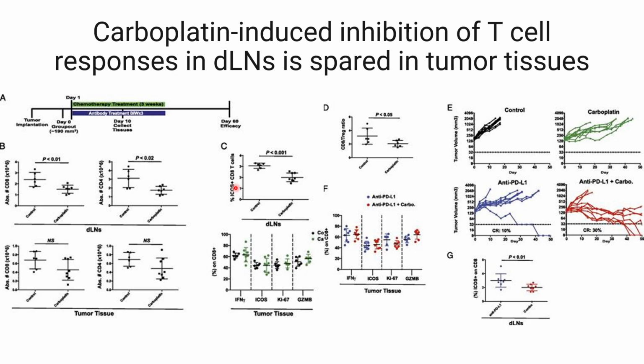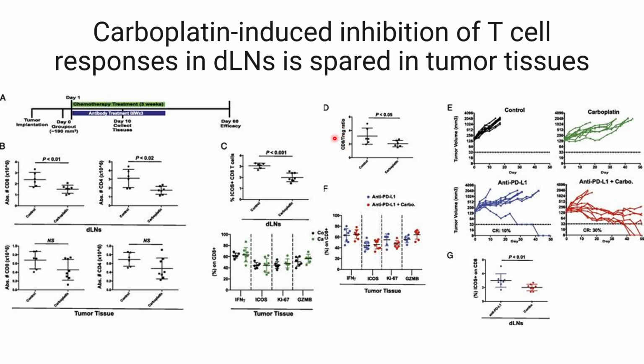And also at the draining lymph node they can see that the induced co-stimulated CD8 plus T cells are also decreased. And for the tumor cells, when they check these different signatures for the CD8 plus cells, they can see that they remain similar to the case where there is no chemotherapy, and there is no significant difference that they can observe.